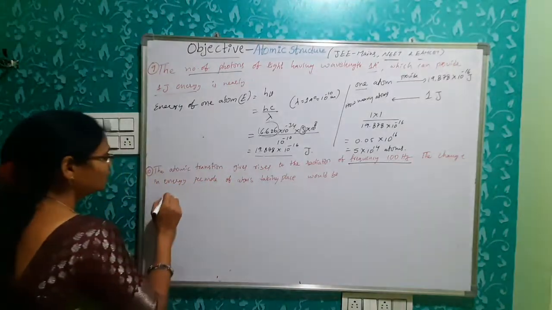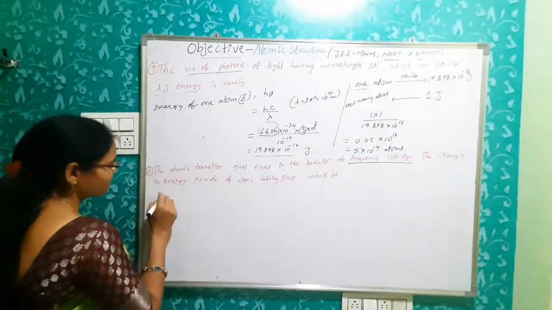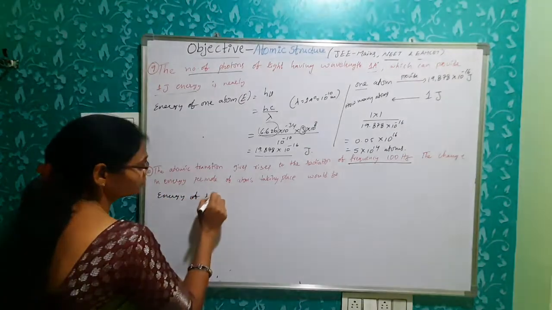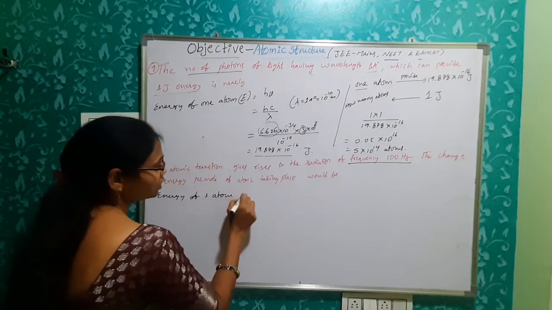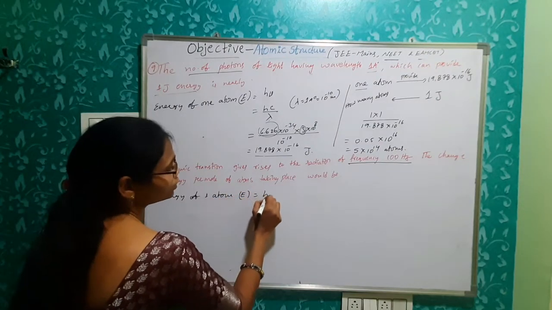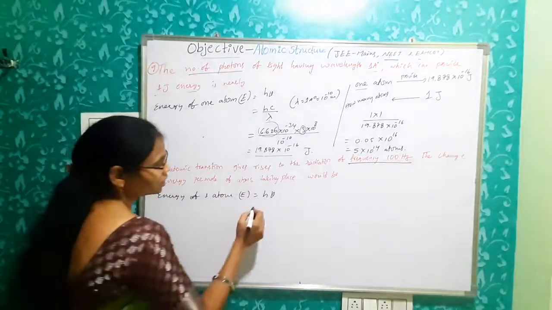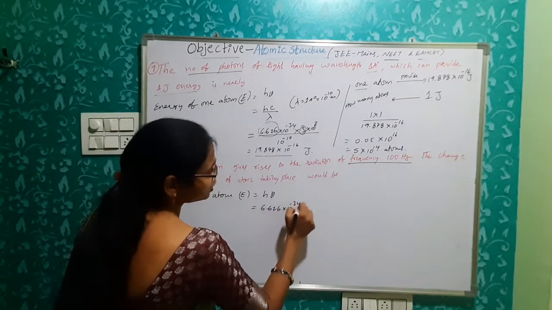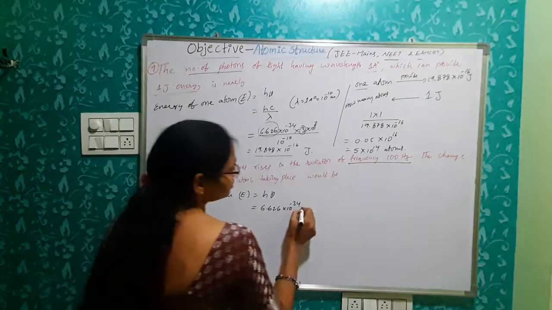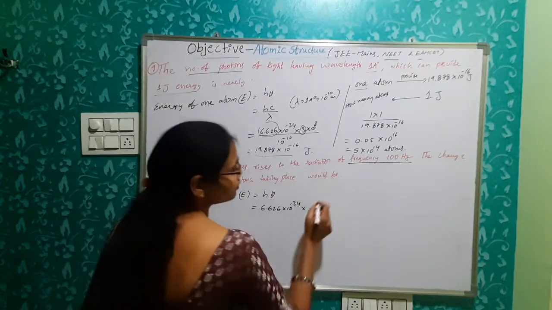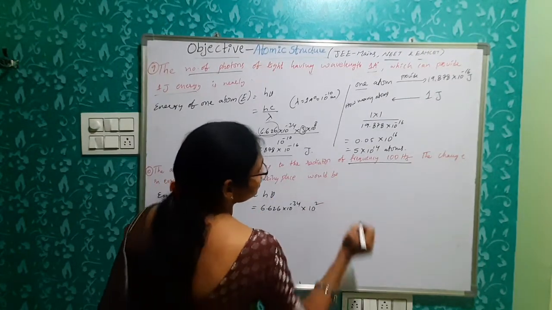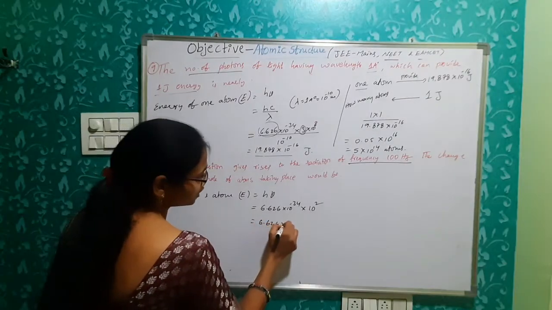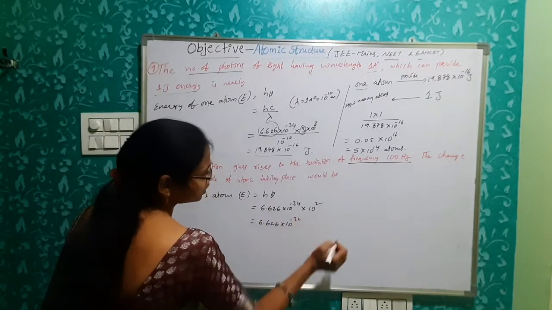See here, energy of one atom is equal to h nu. h is nothing but 6.626 into 10 power minus 34 joule second. Nu is given as 100 Hz, that is 10 square. So how much? 6.626 into 10 power minus 32 only.